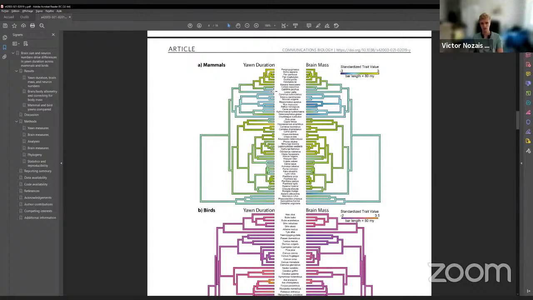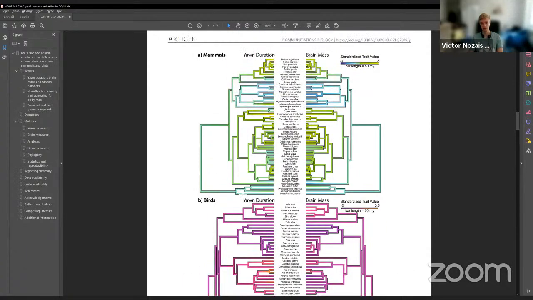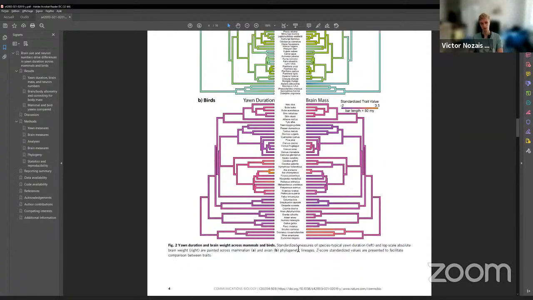And so you can see quite a nice parallel between the brain mass and the yawn duration colors here, on the mammal tree and on the bird tree.